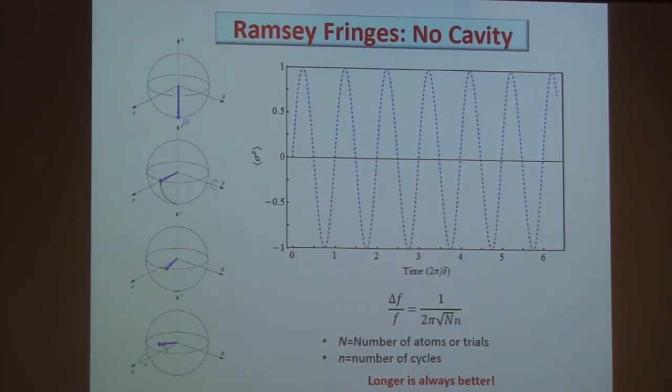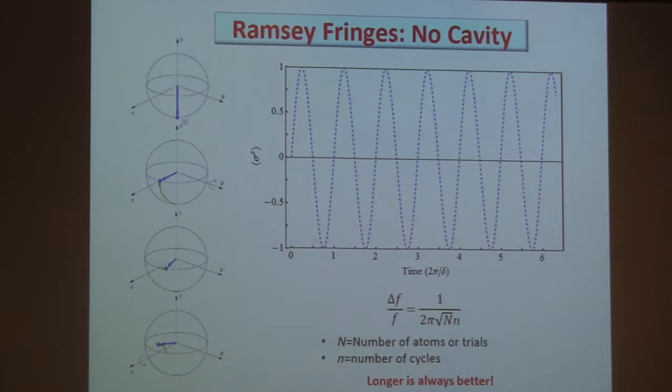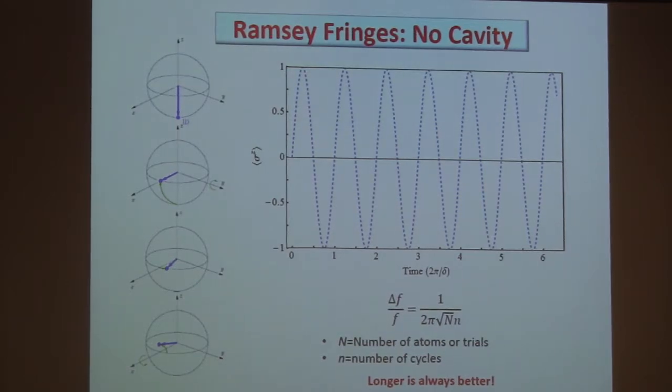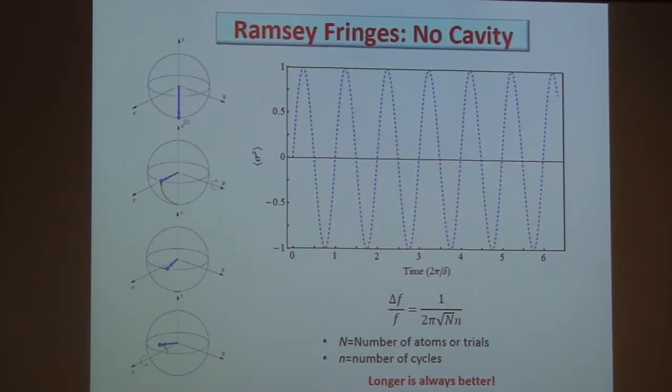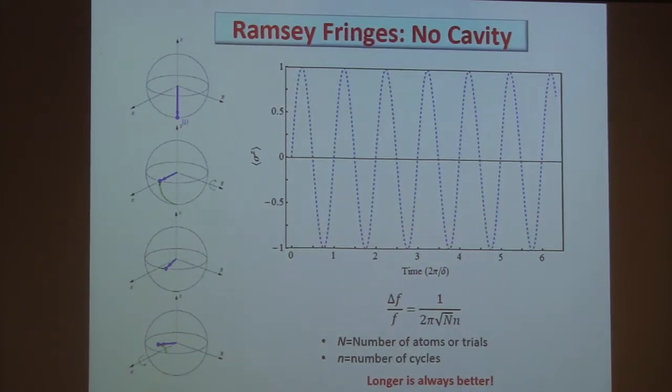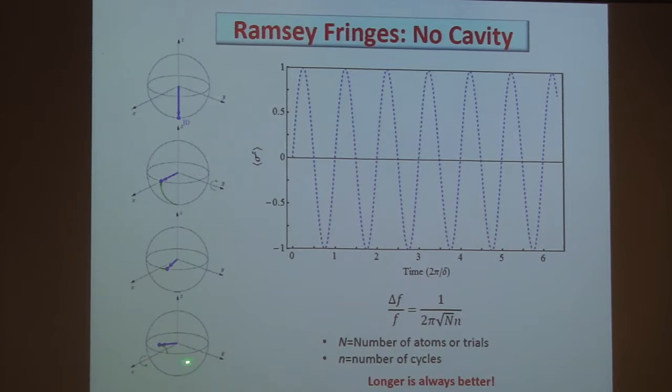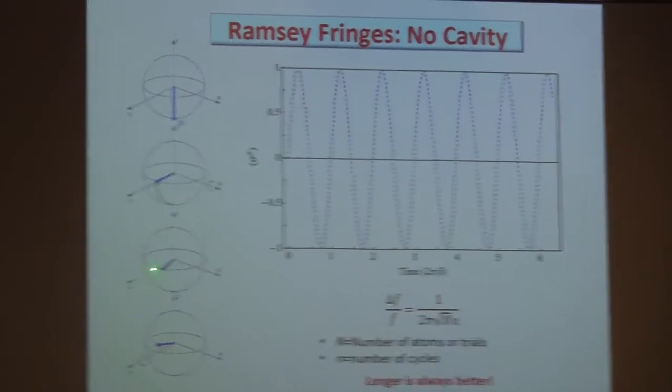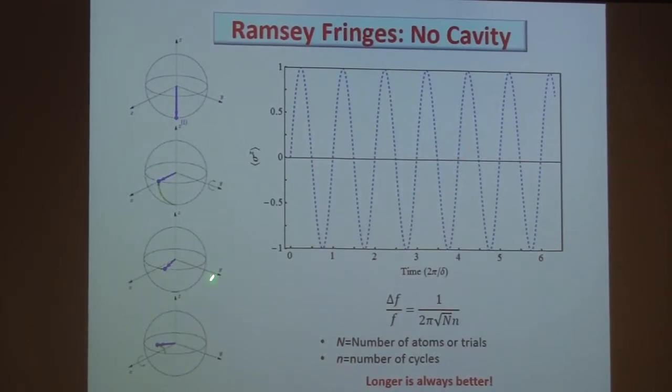And finally, in the Ramsey sequence, you make a measurement of the projection of this onto the z-axis, which tells you how many up and how many down you've got, how many in the excited state and how many in the ground state. And that projection of this final Bloch vector, so you've got your two Ramsey zones, one Ramsey zone here, the other Ramsey zone here, and in between, free propagation.